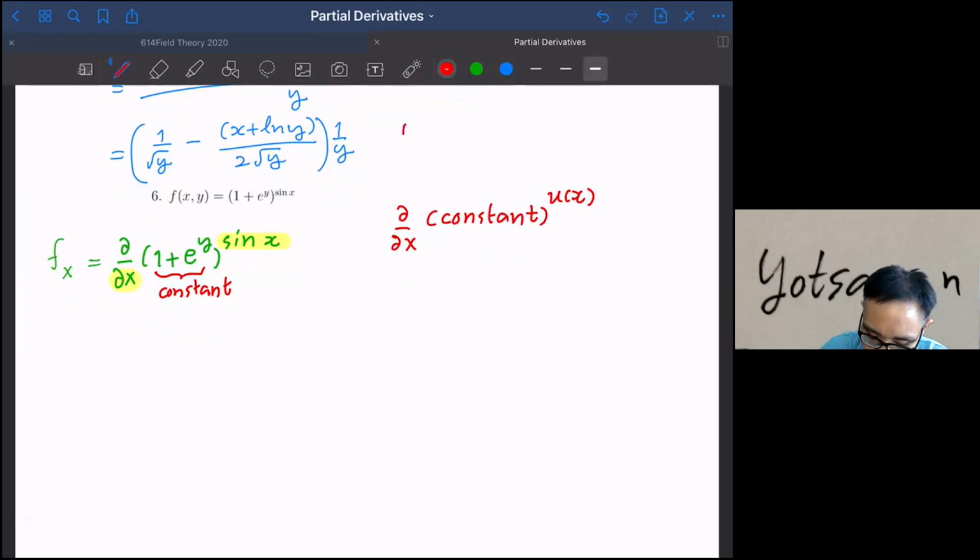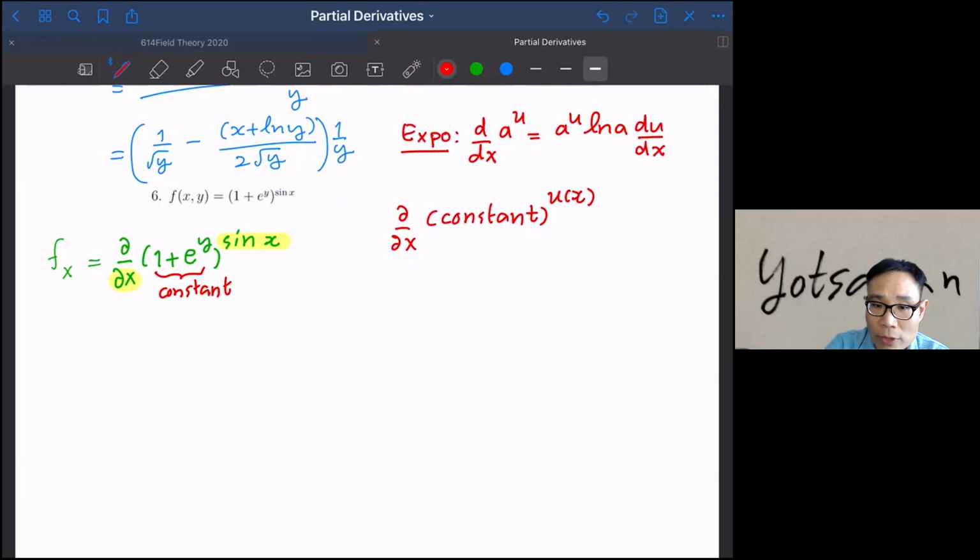When you differentiate something like this, you think about the exponential function that we studied last semester. When you differentiate a to the u, it's a to the u times log a times du/dx by using the chain rule. So this one is the exponential function.